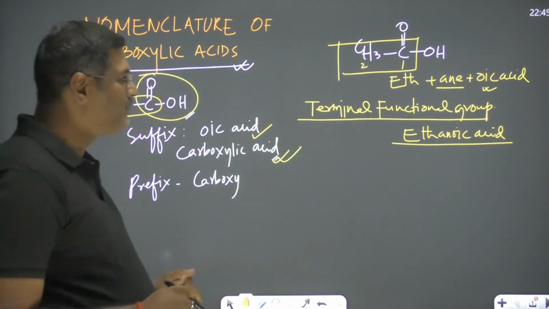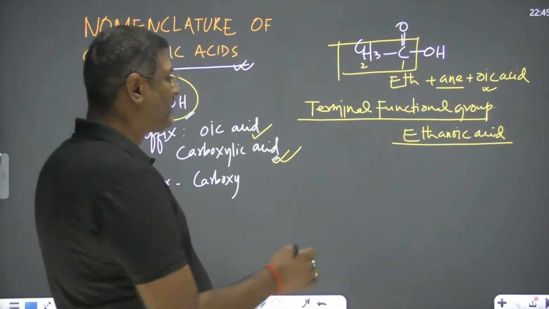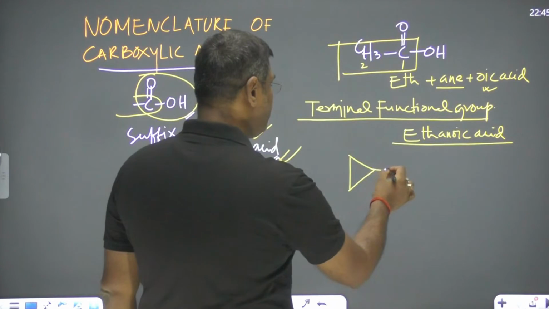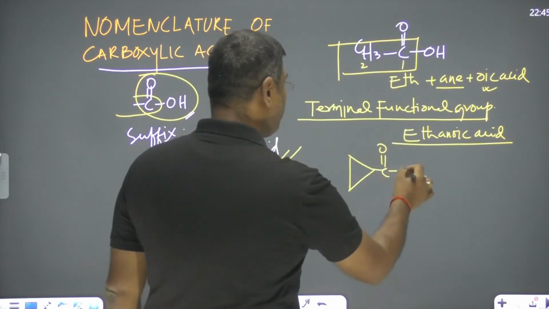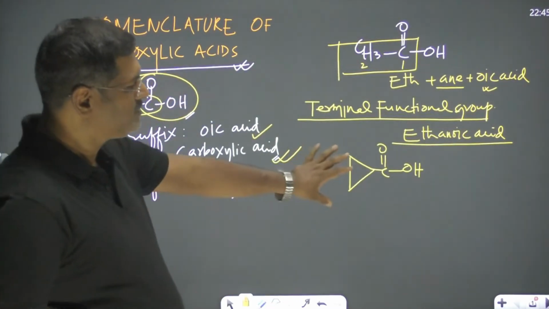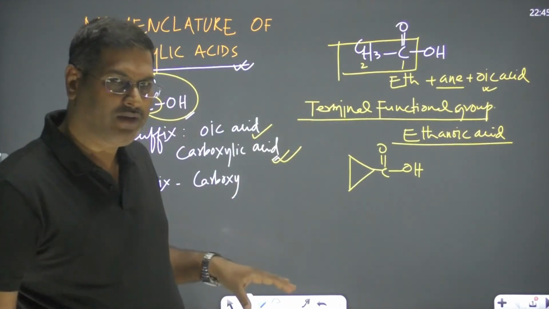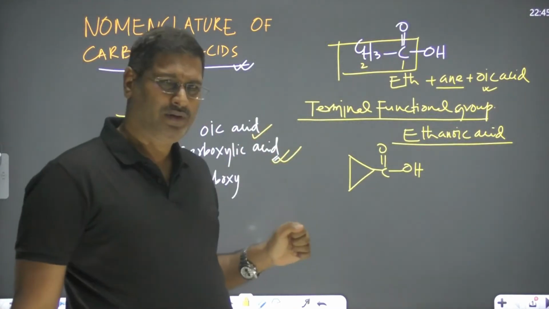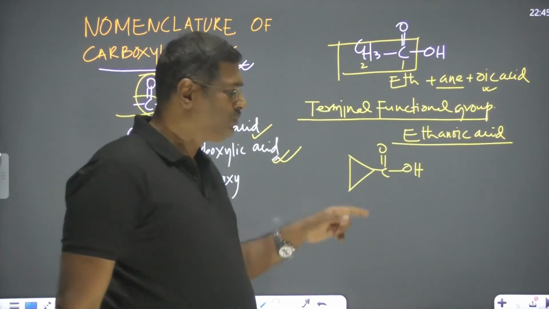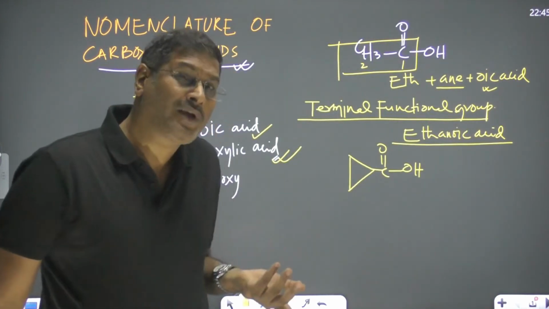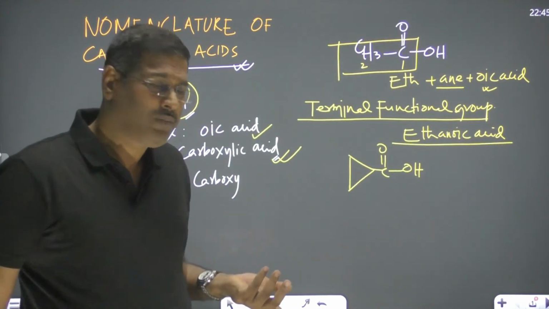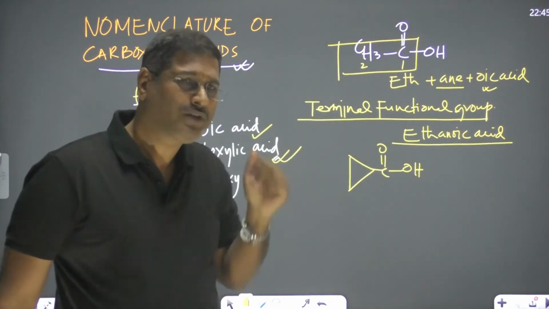Yes, why not? You see this one? We take this compound, C double bond O, and there the OH. In this case, this is the cyclic part, and that only is the parent one. There are 3 carbon atoms in the ring, so you cannot say cyclobutanoic acid, because 4 carbon atoms are not in the chain.